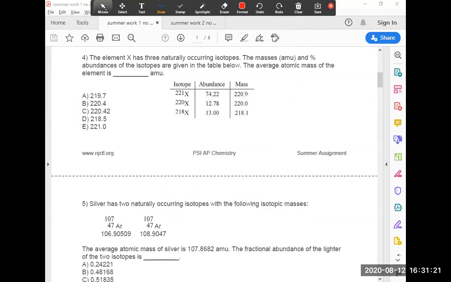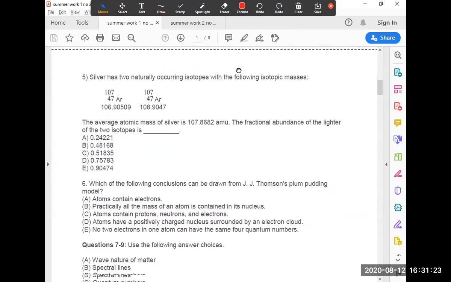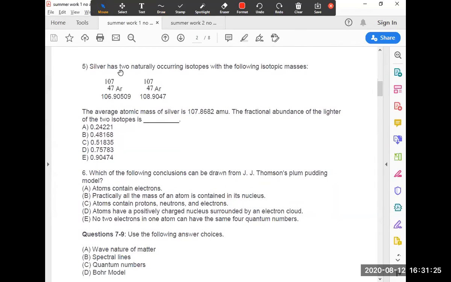Other than that, the other problem is: silver has 2 naturally occurring isotopes with the following isotopic masses. So again, what this means is that you're talking about silver. We are definitely talking about 47 as the Z number of protons, right?